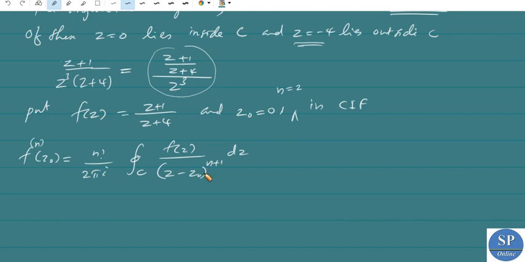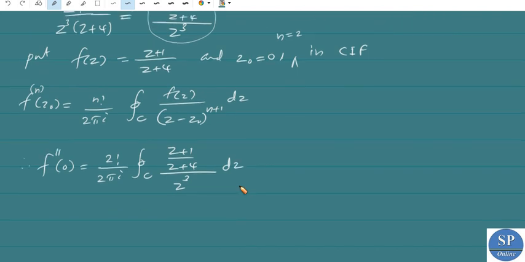Therefore the second derivative of f at the point 0 is equal to n factorial, that is 2 factorial, divided by 2 pi i, integral over C of f(z), where f(z) is z plus 1 divided by z plus 4, divided by (z minus 0) whole cube, that is z cube, dz.